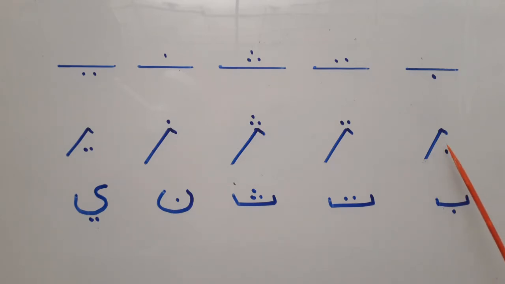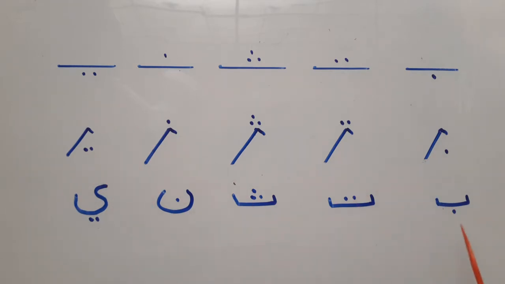Okay, so the dot is going to tell you rather than the shape of this particular letter. I'm not bothered too much about which letters this is going to be at the moment, but just have a look at the dots. Okay, so you have one dot at the bottom, two dots at the top, three dots at the top, one dot at the top, and two at the bottom.